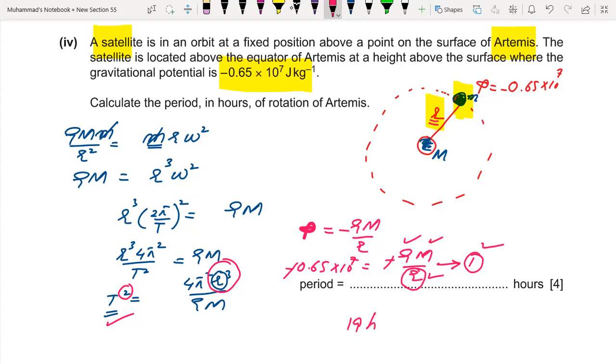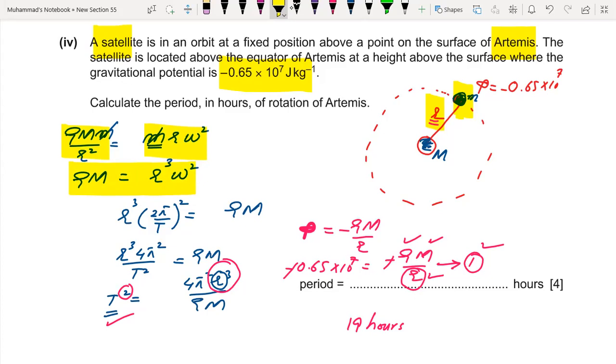So I hope you can easily understand this question. The recipe is very simple. First of all, you should think that the centripetal force is provided by the gravitational force. And if you remember Kepler's third law, you can use it directly, since the relationship between time period and radius is given.